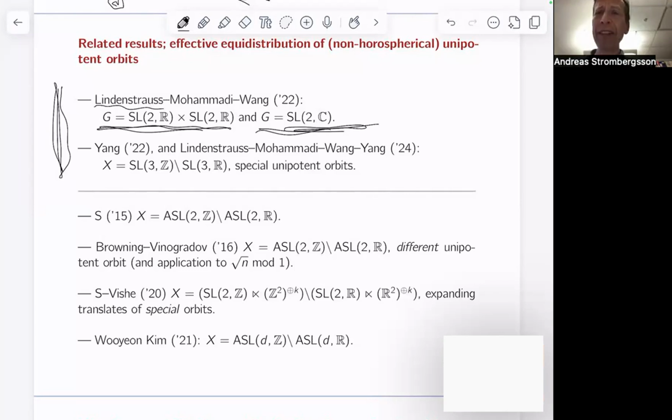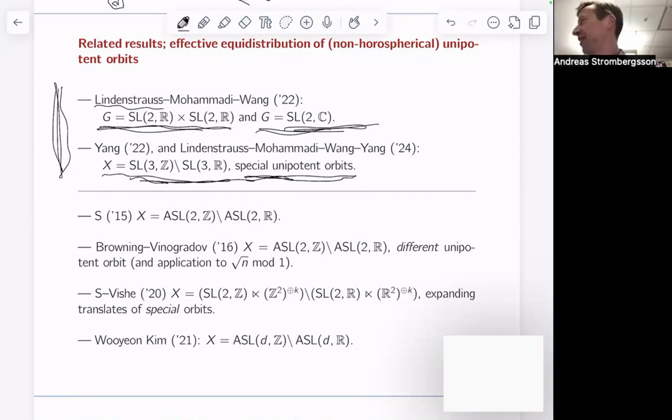Building on similar methods in part, there are also some results giving effective equidistribution of special unipotent orbits in the space of three-dimensional lattices. What I'm going to talk about today is much easier. What we use in our work are tools from harmonic analysis, Fourier decomposition, and analytic number theory.